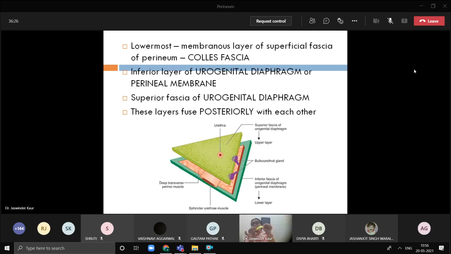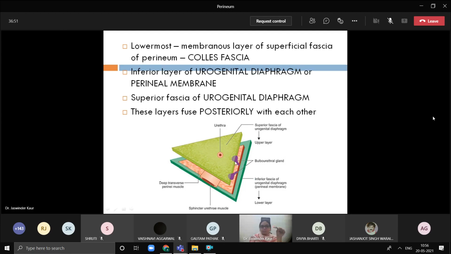So here you can see, lowermost is the Colles fascia, which is in relation with the lower part of the genitalia. This one is the Colles fascia, right? This is the perineal membrane.